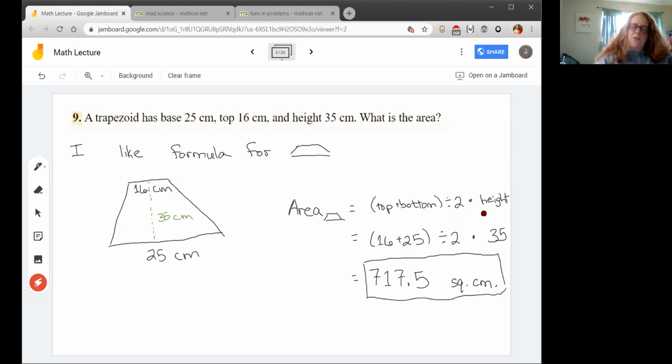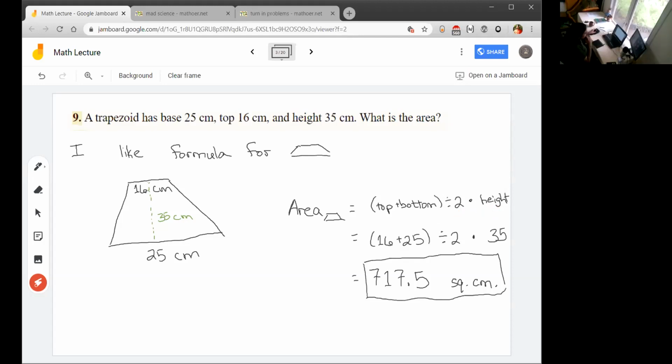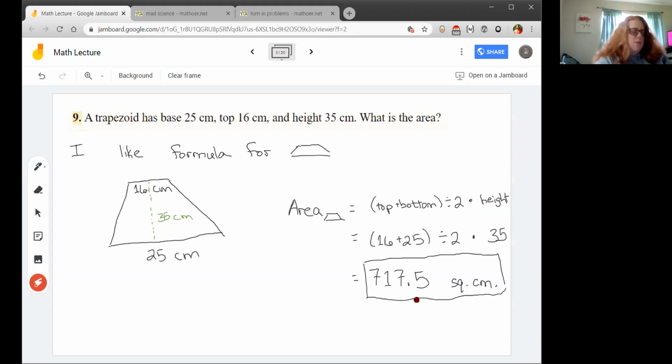Oh, so for the answer I got for my homework, I didn't get a decimal. I just got 7,175 square inches. I'm not sure why you'd have a times 10 bigger. Did I do it wrong? I'm going to check.